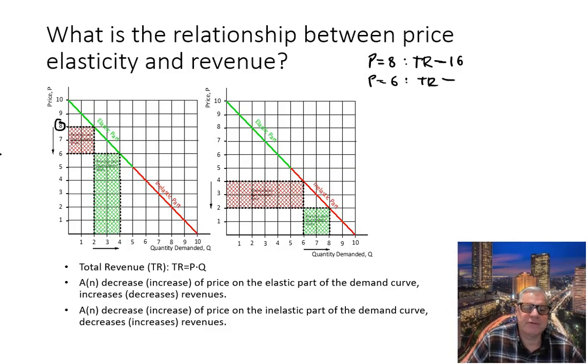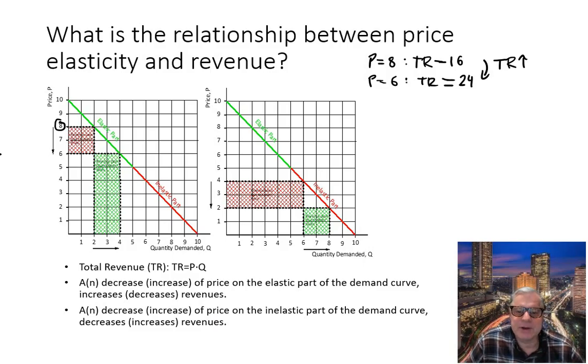The total revenue is now 6 times 4. So what happens is that total revenue has gone up. In other words, whenever you operate on the elastic part of the demand function and you lower the price, then total revenue goes up.